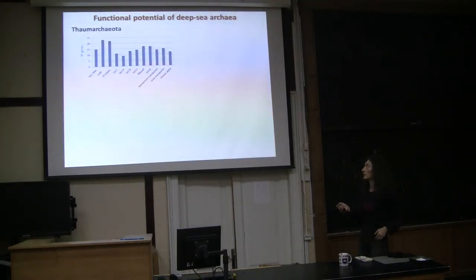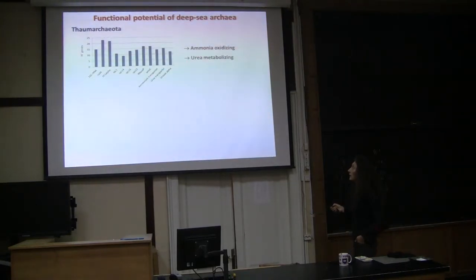In the case of Thaumarchaeota, for instance, we detected genes related to the oxidation of ammonia, like amoC or ammonia transporters, and also the metabolism of urea. These genes are in single copy, so you can compare them with other single copy genes in the genome.